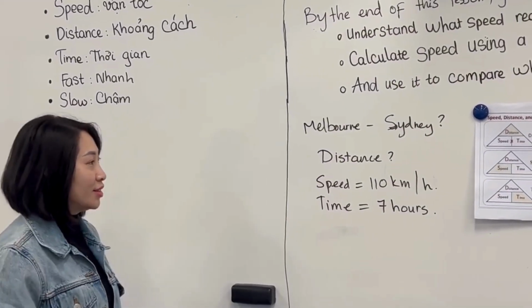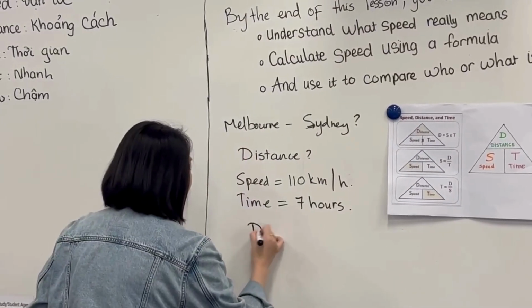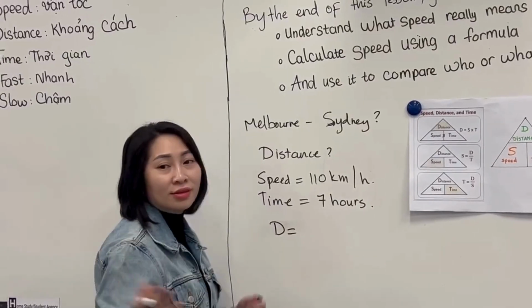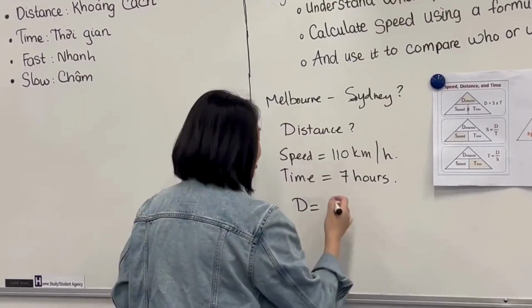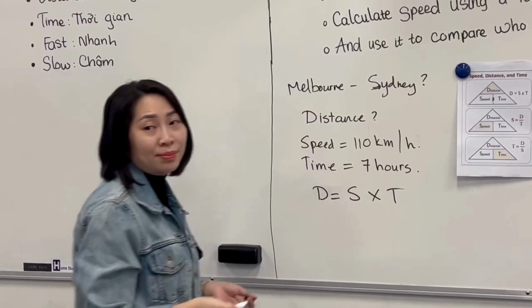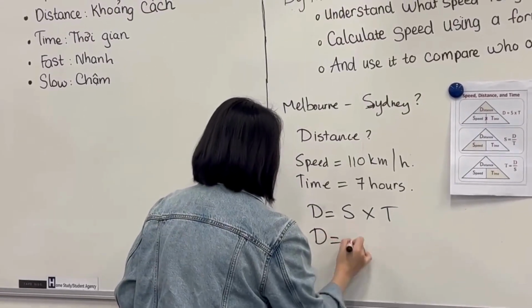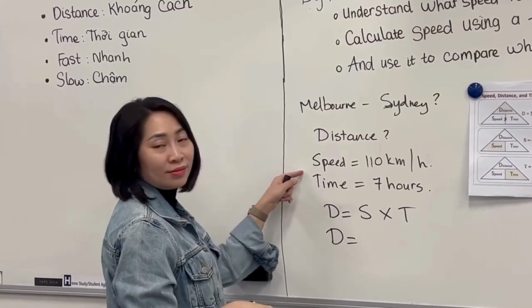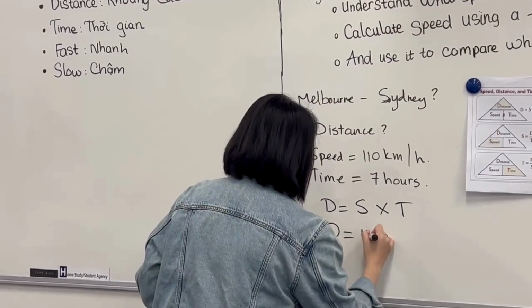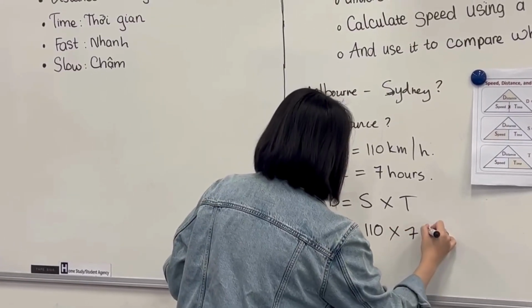By applying this formula, we have D equals the speed times the time. Good. So D equals speed, we have 110 kilometers per hour, times 7 hours.